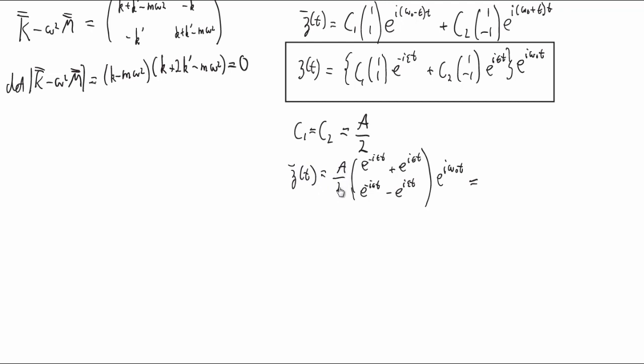And we can see now, because of the definition of cosines and sines, this just becomes A times cosine of epsilon t, sine of epsilon t, times e to the i omega naught t.